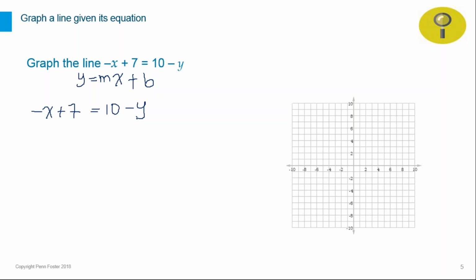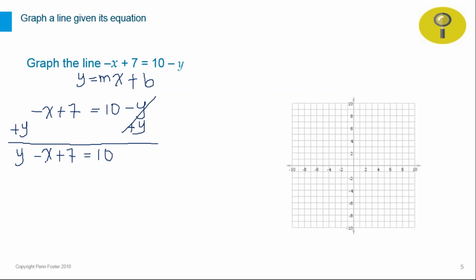It's a minus y, so add a y to both sides. That would be y - x + 7 = 10, and the minus y plus y just cancels out. So now the y is on the left-hand side.